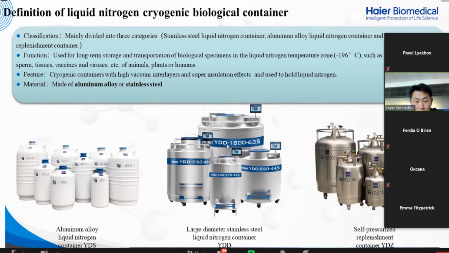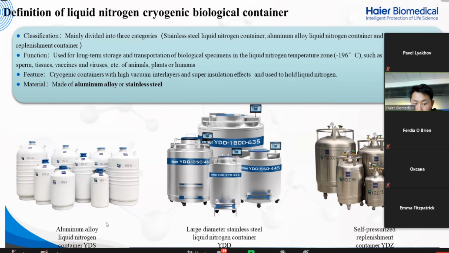Normally for liquid nitrogen tank containers, now we have three kinds. The first kind is the aluminum alloy liquid nitrogen tank container, another one is the large diameter stainless steel container, and the third one is the self-pressured container.